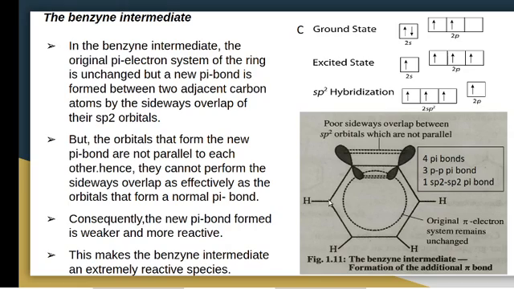So one carbon will form 3 sigma bonds with these 3 sp2 hybridized orbitals. 2 sp2 hybridized orbitals are used for forming sigma bonds with adjacent carbon atoms, and one sp2 hybridized orbital is used for forming a sigma bond with the hydrogen atom. So 3 hybridized orbitals are used for forming sigma bonds.